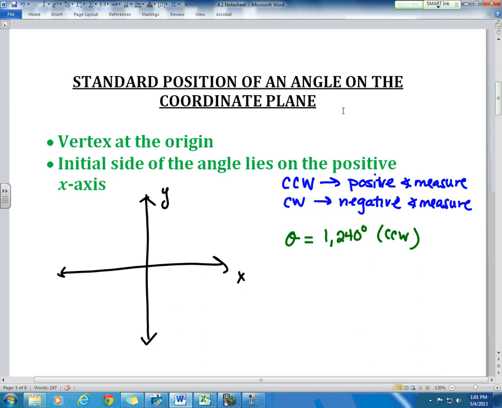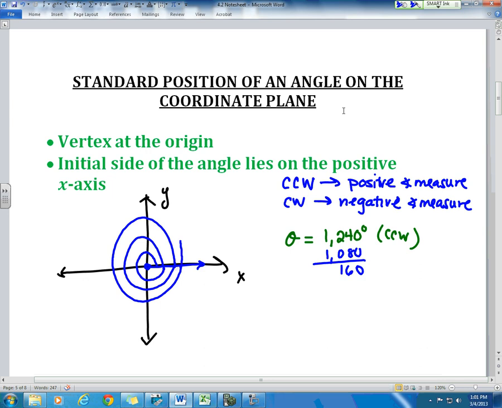And if I start off my initial side here, I know that one revolution around is going to bring me to 360 degrees. 2 revolutions will bring me to 720 degrees. Another full revolution around will bring me to 1,080 degrees. So with 3 full revolutions, I'm at 1,080 degrees. I need to go another 160 degrees in order to complete the 1,240 degree angle.